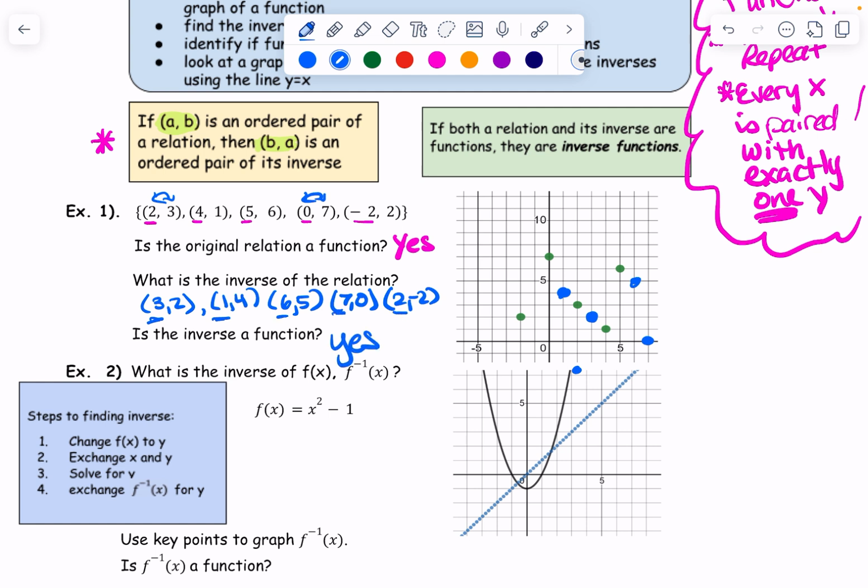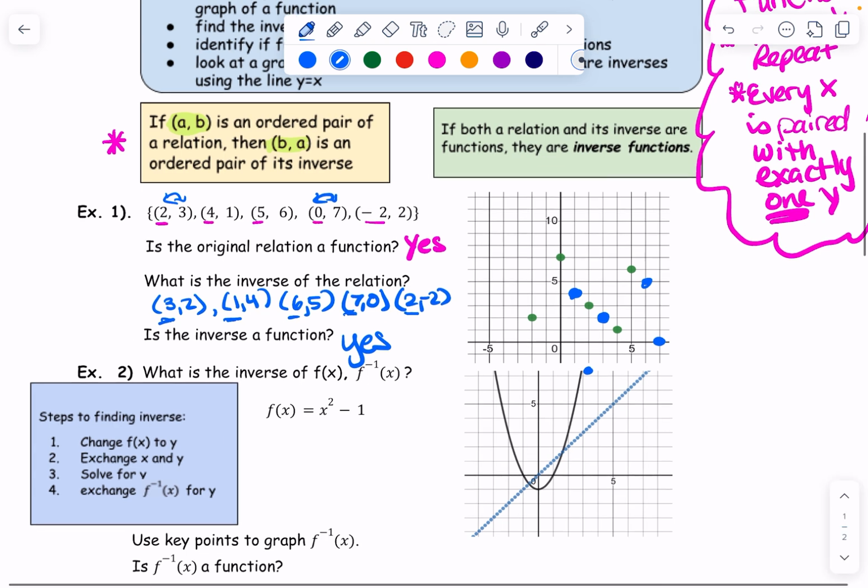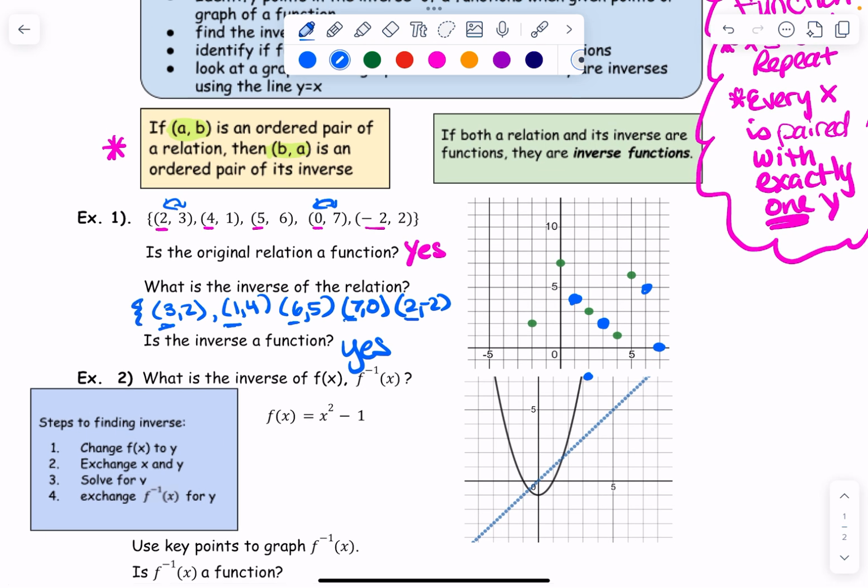Okay. So when we're asking what is the inverse of f, that's what this notation states, you guys. This means inverse of f. So we want to do finding the inverse. A function's inverse would look like that in function notation.